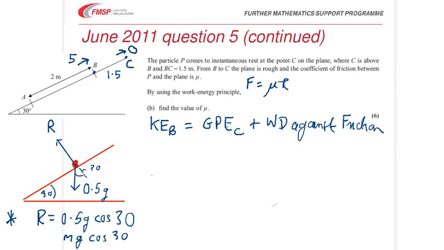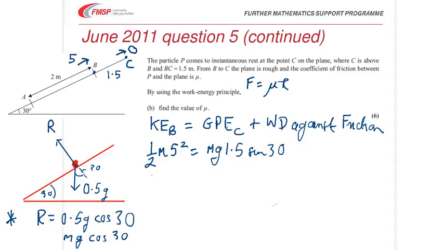So, putting the terms in my energy equation then, the kinetic energy at B is a half m v squared, which is a half m 5 squared, is equal to mgh, which is mg times 1.5 sine 30, plus the work done against friction.